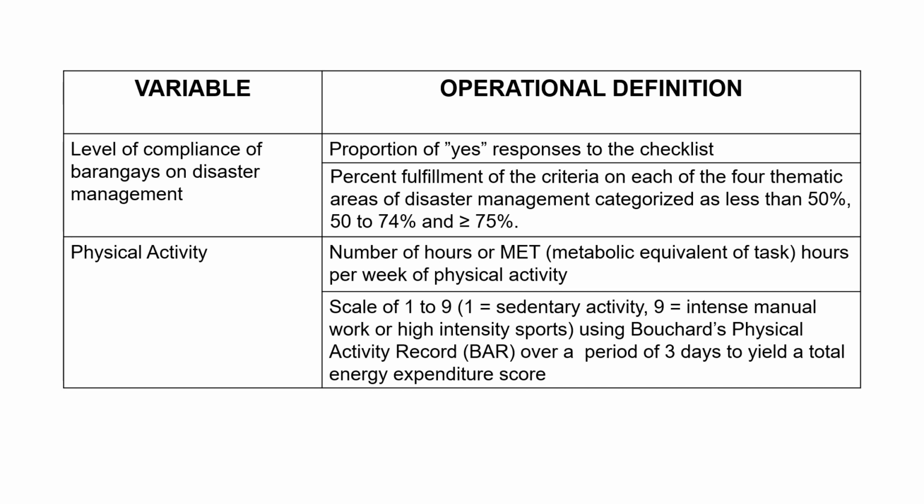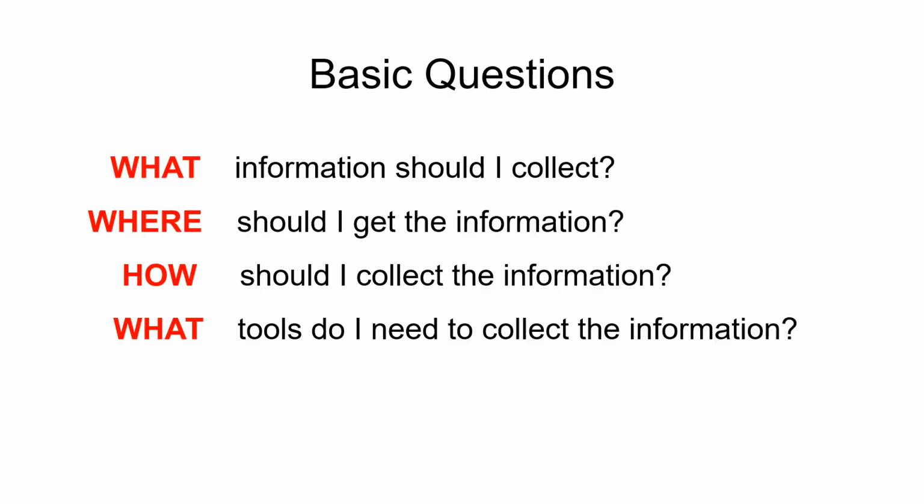Physical activity can be operationally defined as a number of hours per week of physical activity, which makes it ratio, and also by the physical activity record bar from a scale of 1 to 9, which makes it quantitative ordinal.